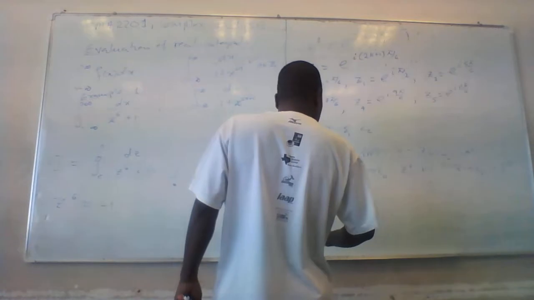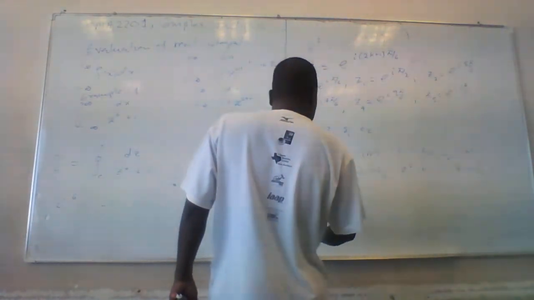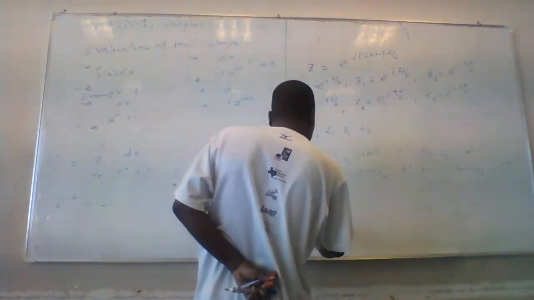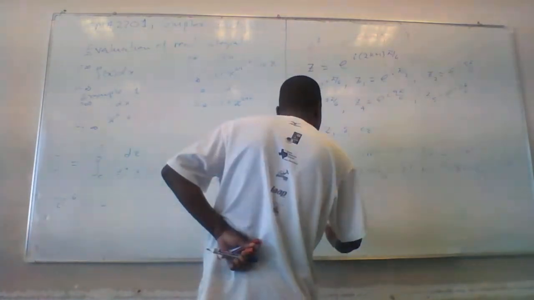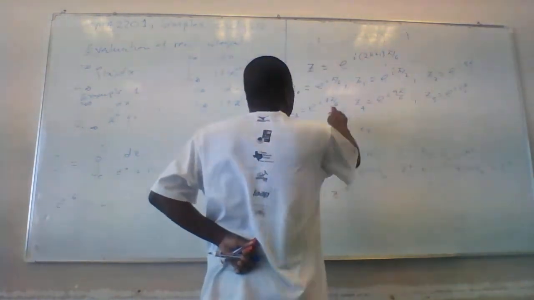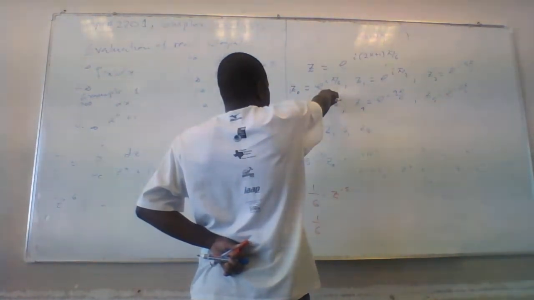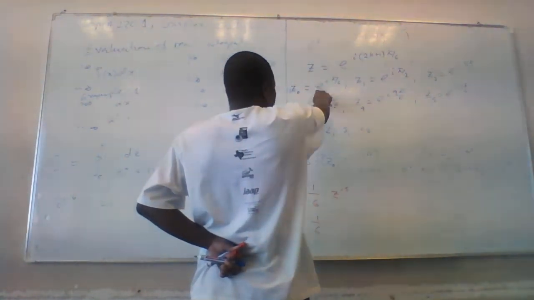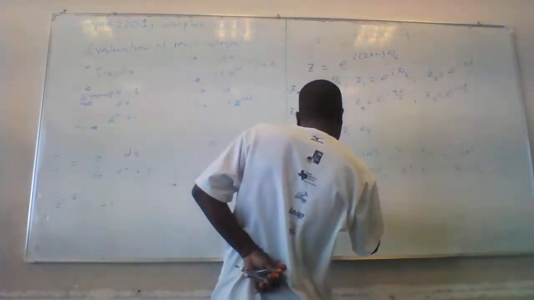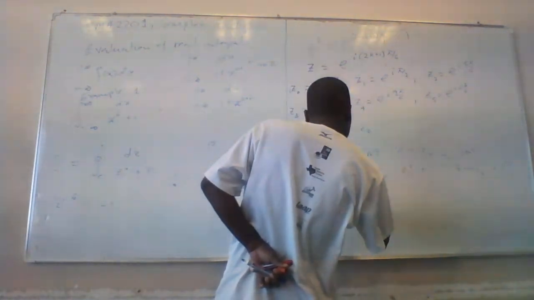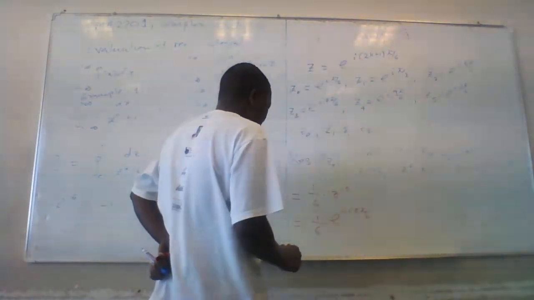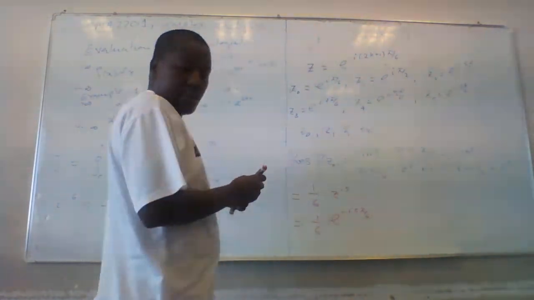So this residue becomes 1 over 6 times e to the minus i 5 pi over 6. So that's the residue for z0.